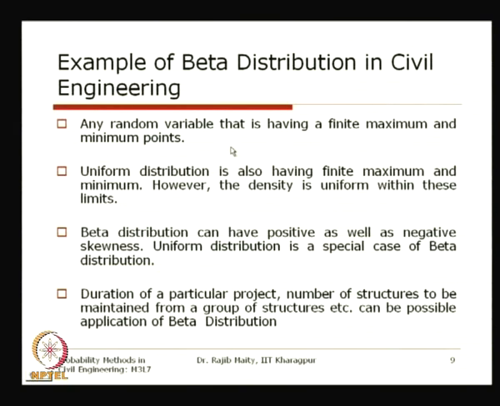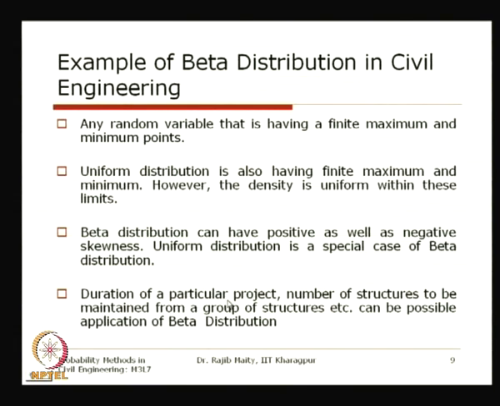For the beta, just by controlling those parameters, you can have different shapes and sizes of the probability density function. The beta distribution can have positive as well as negative skewness. Uniform distribution is a special case of the beta distribution. Just as we discussed, the duration of a particular project is one example from civil engineering.